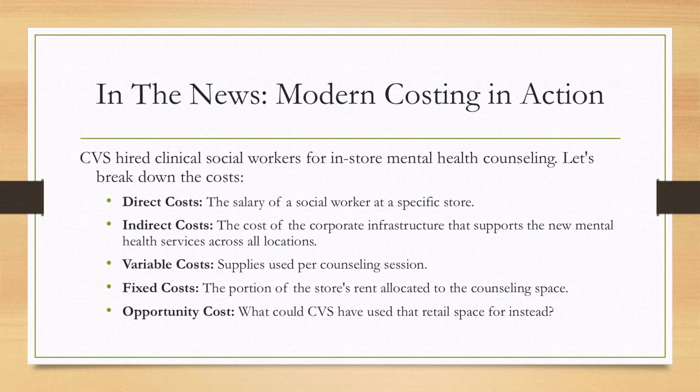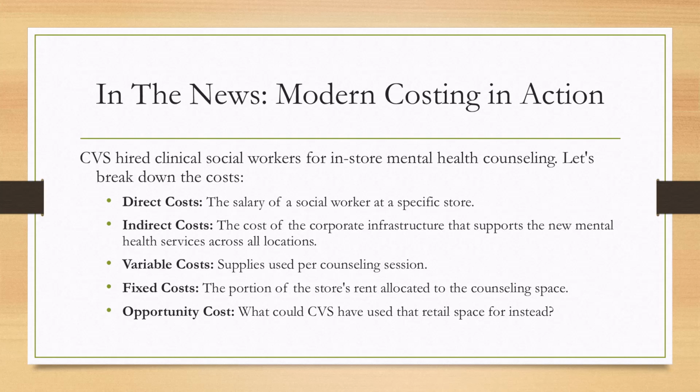Let's put this all together with a modern, real-world example. In response to growing mental health needs, CVS began offering counseling services with licensed social workers in some of its stores. Let's analyze the costs of this new service using our new toolkit.